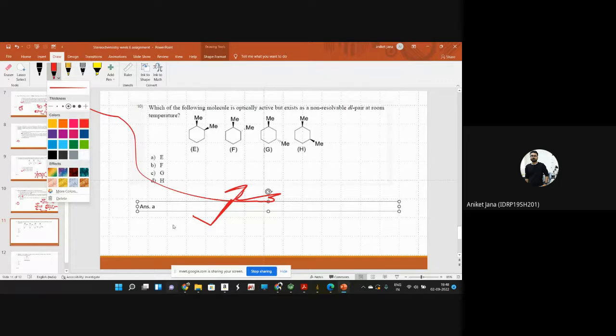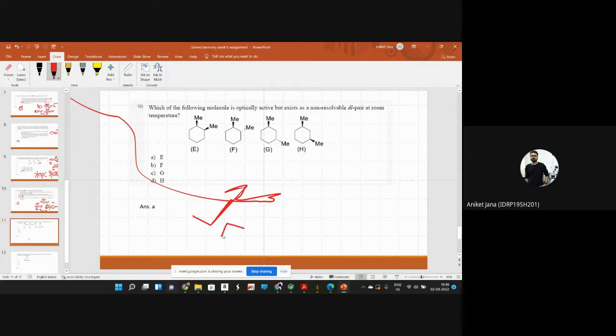This is 1,2-dimethylcyclohexane, and one is equatorial and the other is axial. So this is axial, hydrogen and equatorial.